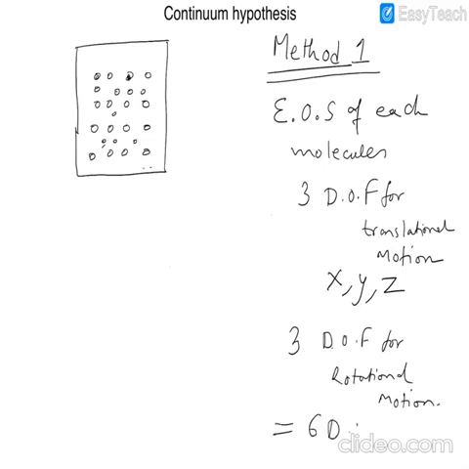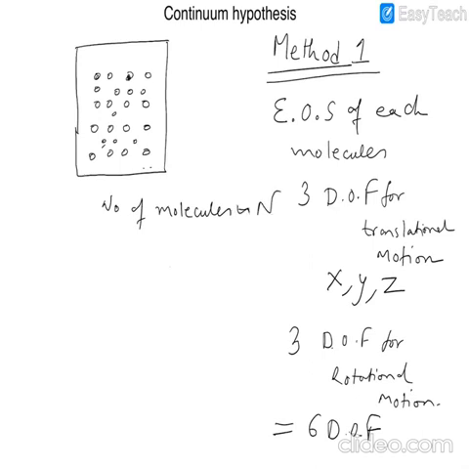Now you can estimate the amount of molecules in this container if you consider it to have 1 mole of gas at STP. You can approximate the number of molecules to be of the order of Avogadro's number.